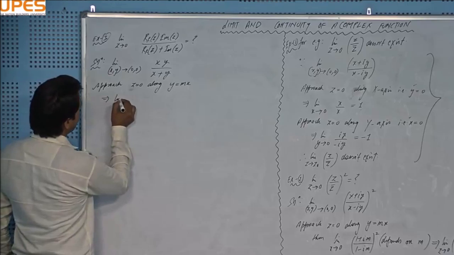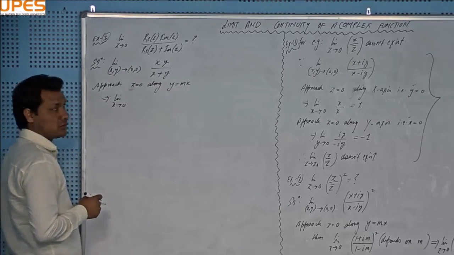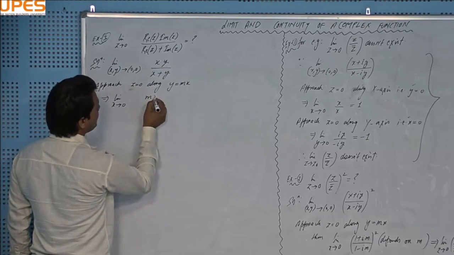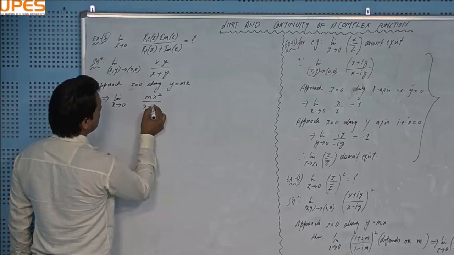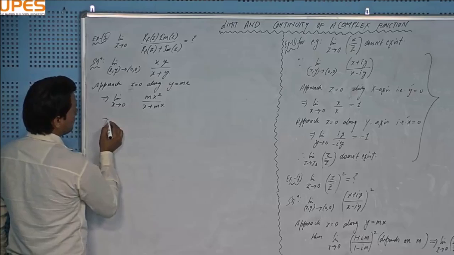This will give limit as x tends to 0, because everything will be converted into x. The numerator will produce m x squared, and in the denominator I will have x plus mx.